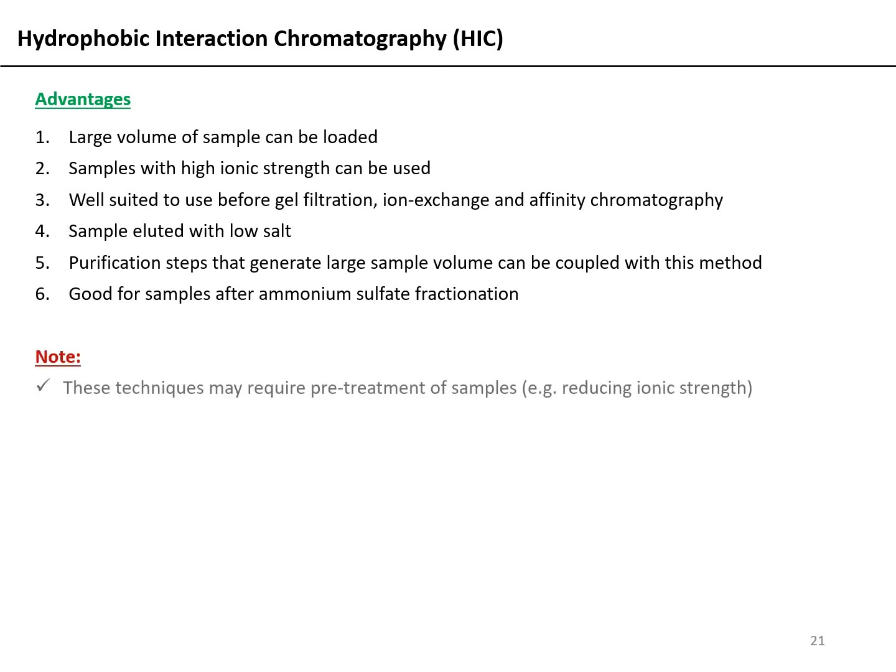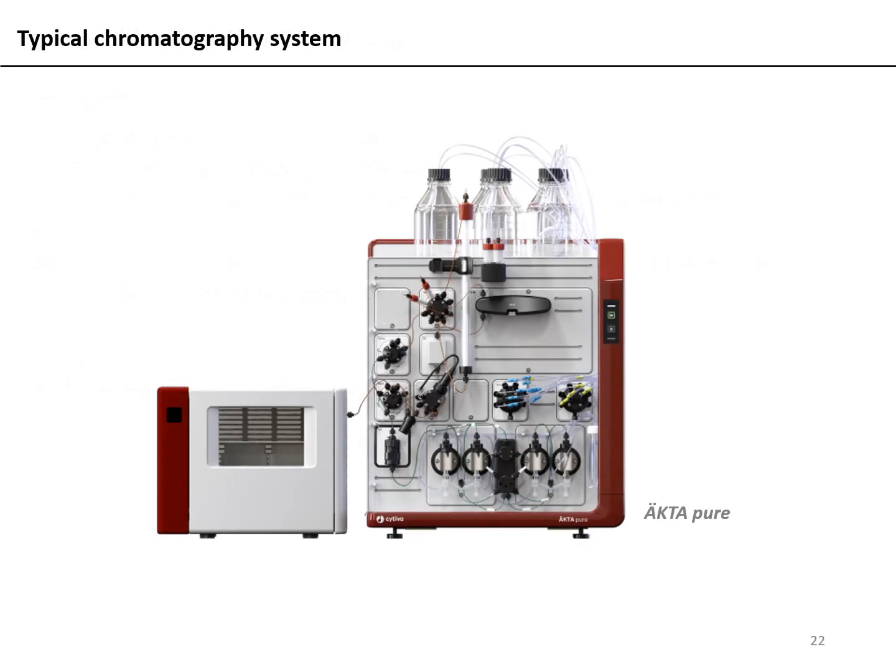However, do note that these techniques may require some pre-treatment of samples, that is reducing its ionic strength or increasing it, depending upon the hydrophobicity of the molecule which you are trying to purify, as well as depending on the preceding purification steps.